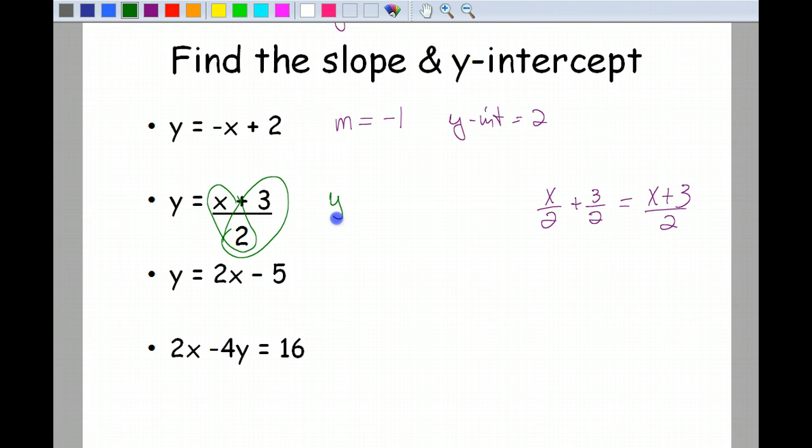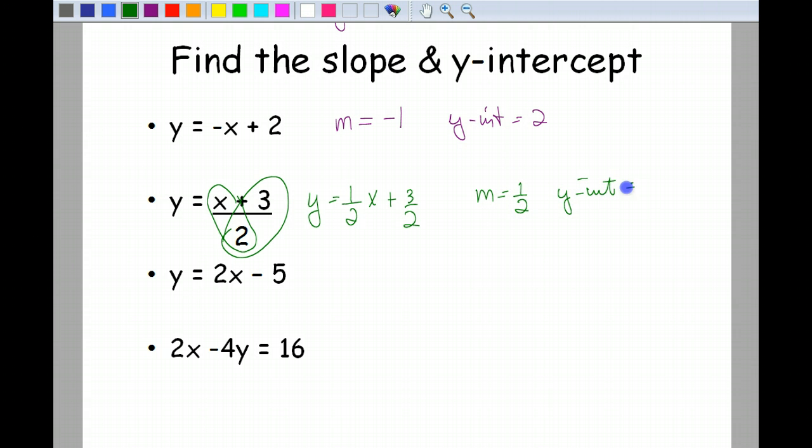Now what is my slope? So I've got y is equal to 1/2 x plus 3 over 2. What's my slope? My slope is equal to 1/2. What's my y-intercept? 3 over 2.